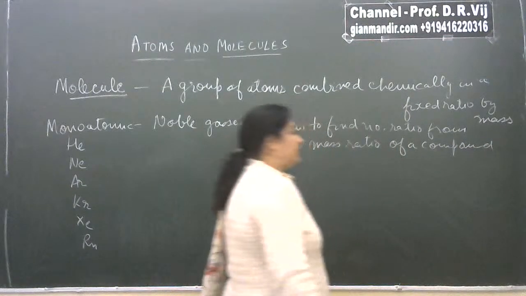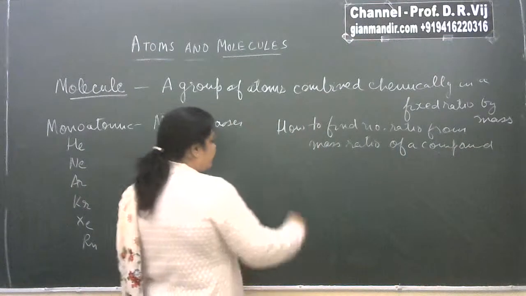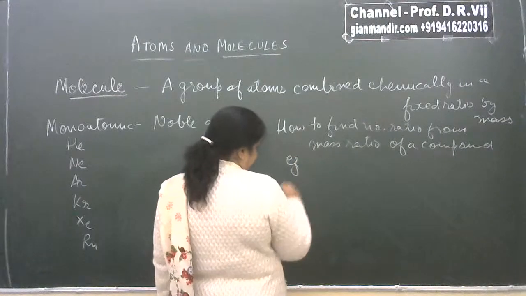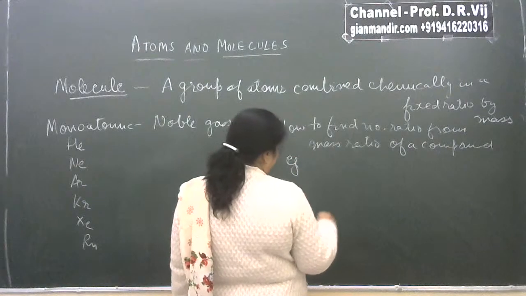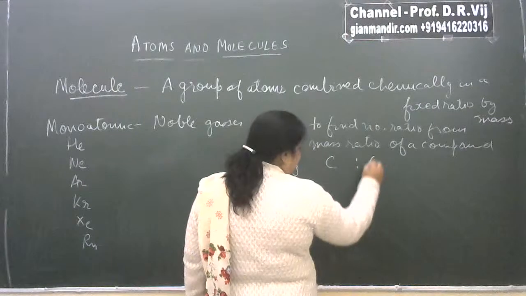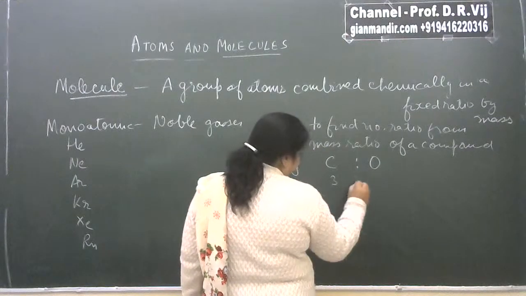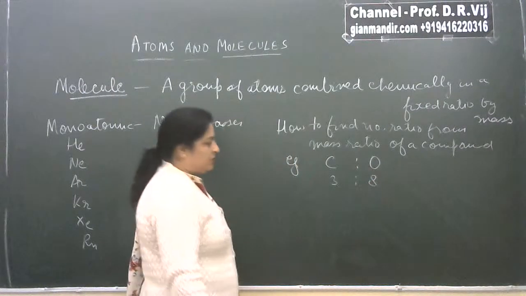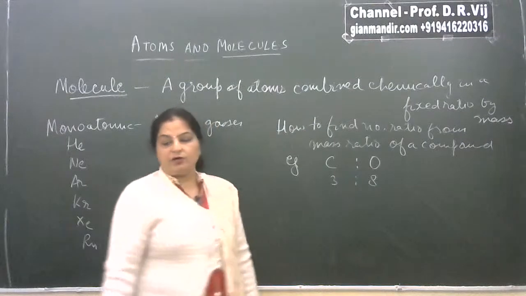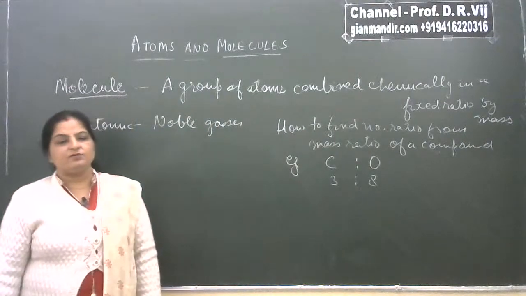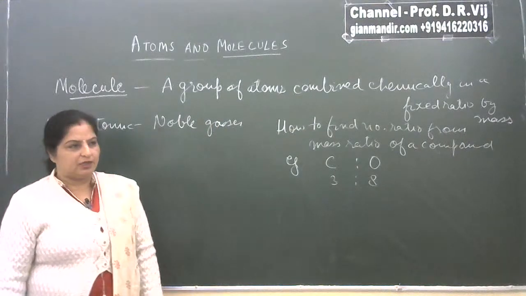A very simple exercise. So, to make it clear, let's take an example of a compound containing carbon and oxygen in the mass ratio 3:8, and now you have to find its molecular formula or number ratio.